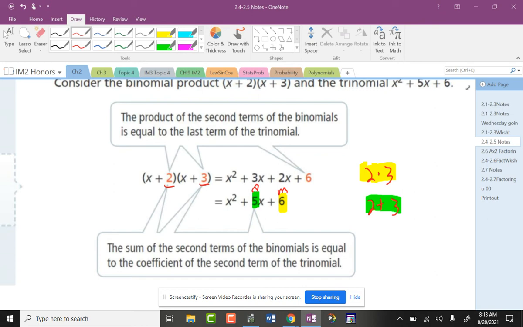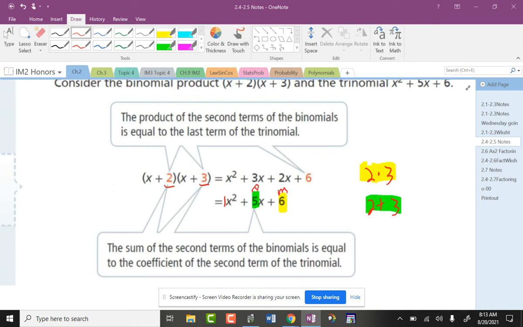The M number is always the last number, the constant. The A number is always the middle term. This analysis only works when 1 is the leading coefficient on x squared. When it's not, it gets a little bit more complicated.